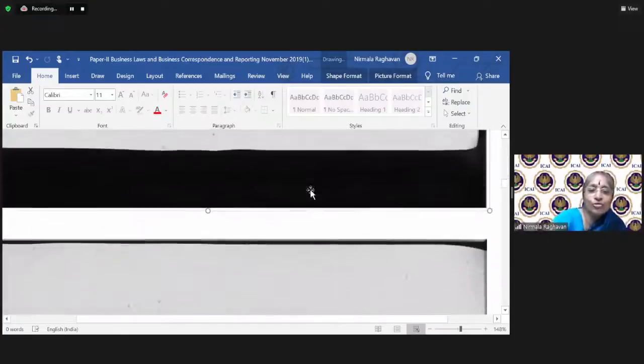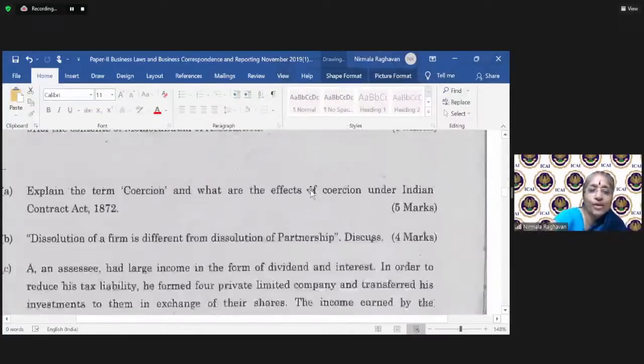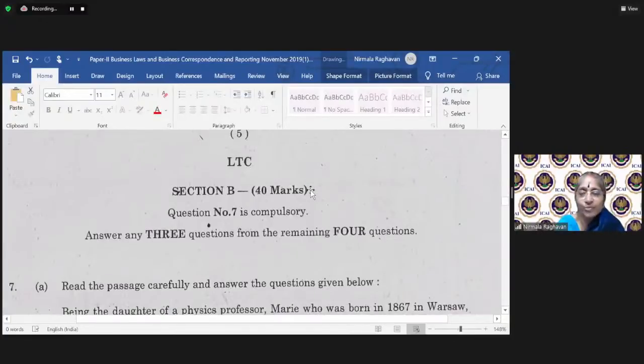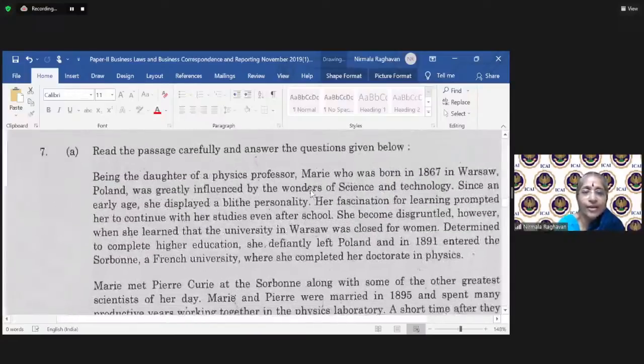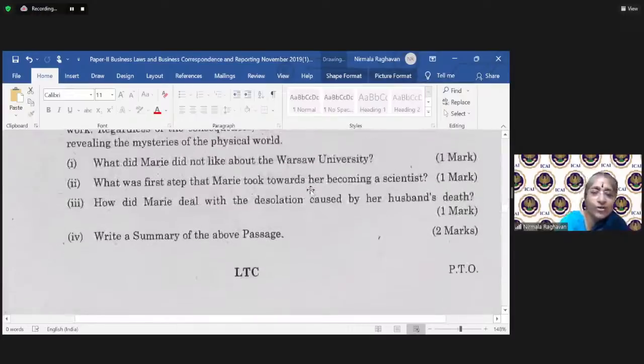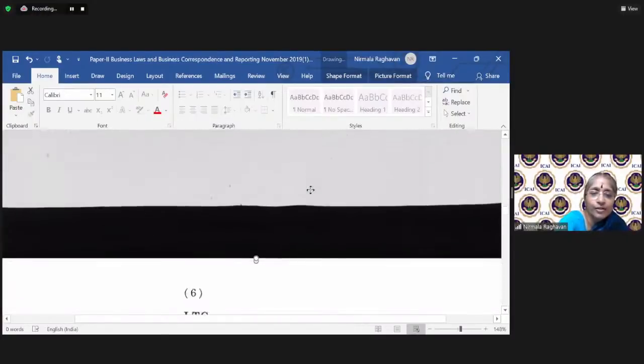We move on to section B, where we have foundation English. Section B is 40 marks. Question number 7 is compulsory. That is comprehension exercise. It's for 5 marks. If you don't answer that, your paper will not be valued. Read the passage carefully and answer the questions given below. This is comprehension, 5 marks.